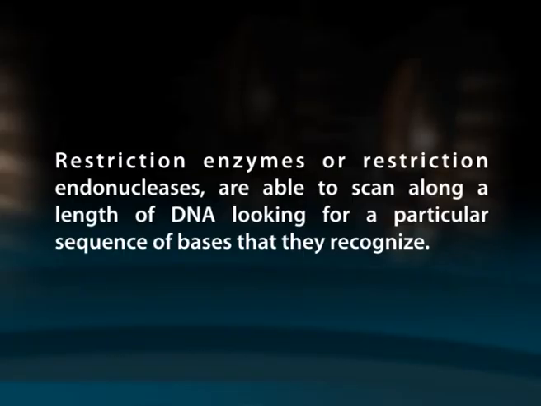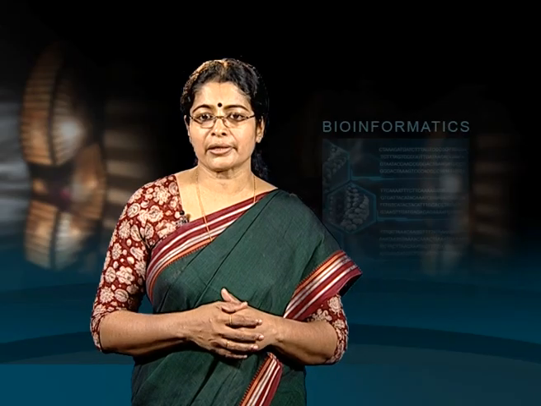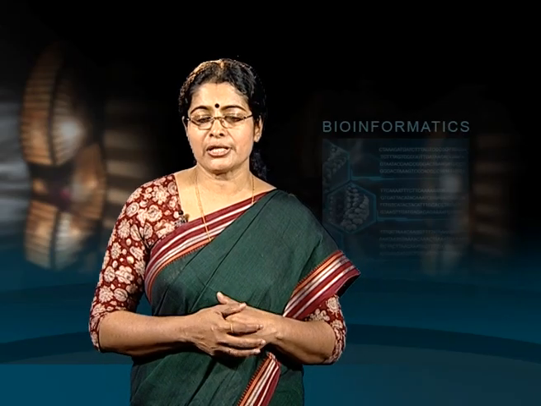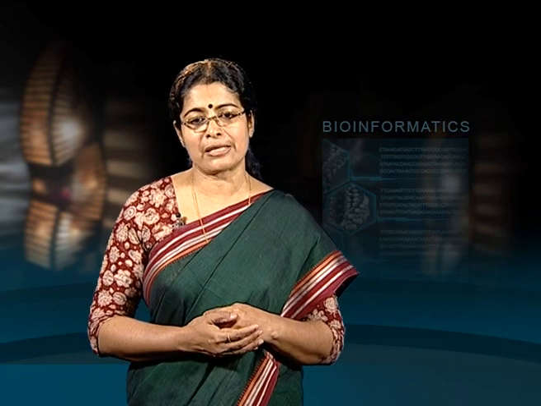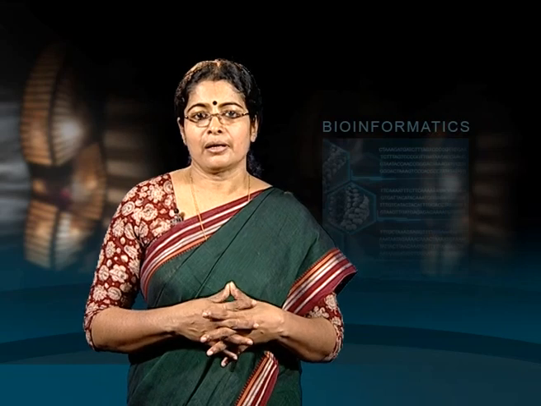Restriction enzymes or restriction endonucleases are able to scan along a length of DNA looking for a particular sequence of bases that they recognize. This recognition site or sequence generally varies from 4 to 6 base pairs in length, and they have been discovered in many organisms, especially bacteria and single celled organisms.